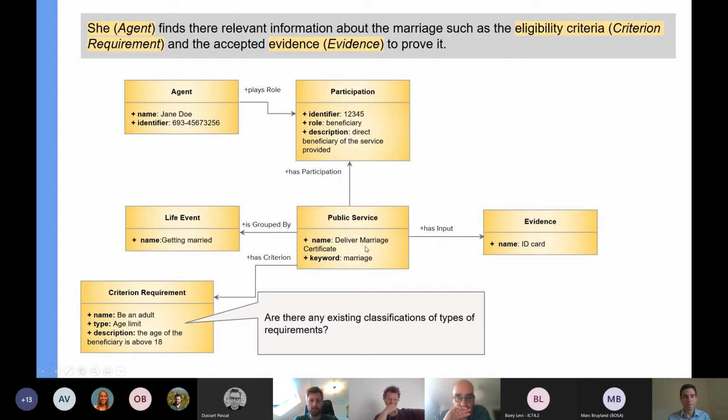The question is, do you have, I suppose you do, but are there existing classifications in the different governments or regions about the types of requirements used? So, for example, here we say the age limit is one, could be one term within such classifications.